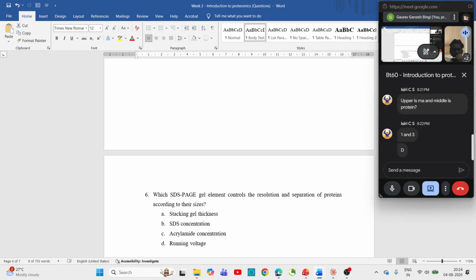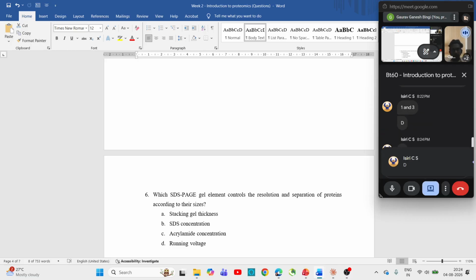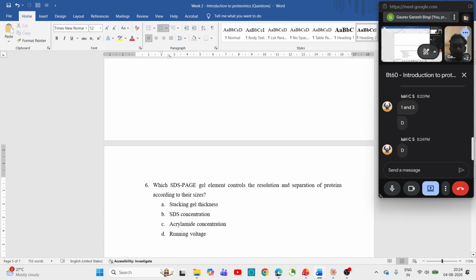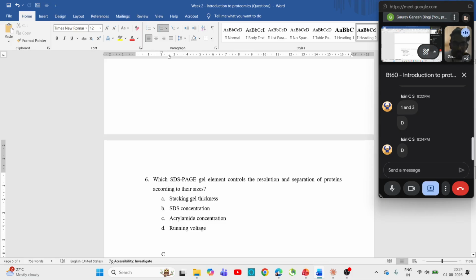Stacking gel, SDS concentration, acrylamide concentration, or running voltage. It's C and not D.